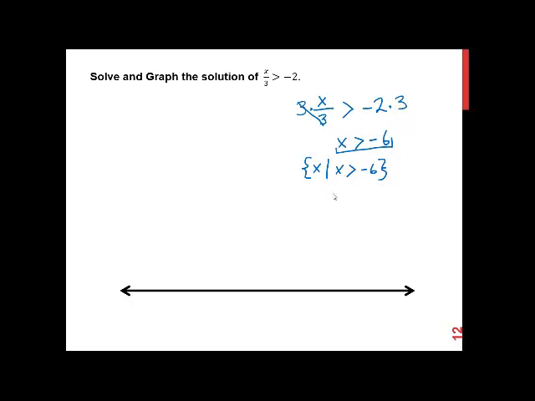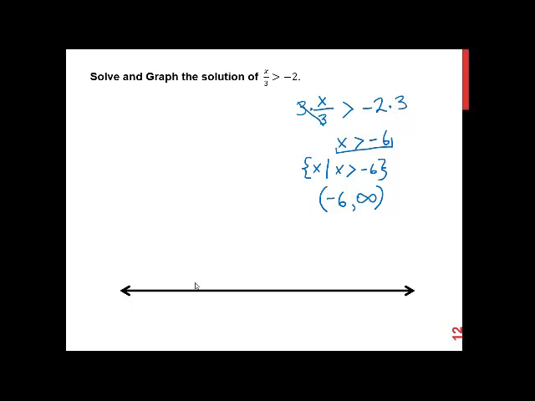In terms of interval notation, since we're looking at numbers bigger than -6, our bottom boundary will be a -6, and we'll put a parenthesis there because we're not "or equal to," meaning we're talking about numbers that are just a hair bigger than -6, but we don't include the -6. And our upper boundary, well, we don't have one, so we'll say infinity. And anytime you use a positive or negative infinity, you use parentheses because we can't ever equal infinity.